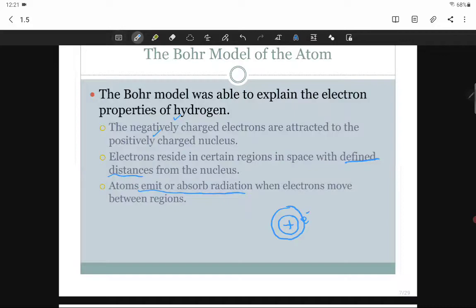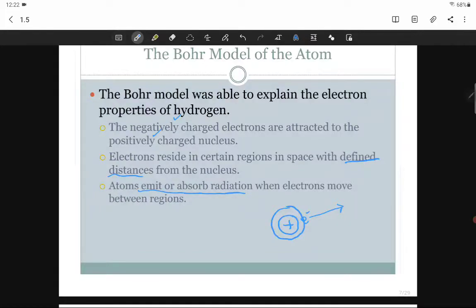And yes, we have a model that now we like better than the Bohr model, but it still serves a purpose, especially for writing things on a tablet here, it makes a lot of sense to use the Bohr model. So if you would take this electron that's in this orbital and you would give it energy, you could heat it up, you could give it electrical energy, it would be able to go further away from the nucleus.